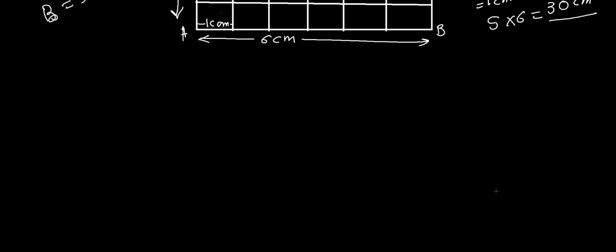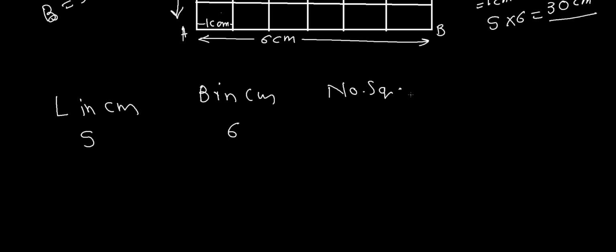So let's say currently we have taken length in centimeters as 5, breadth in centimeters as 6, and the number of centimeter squares is coming as 30.